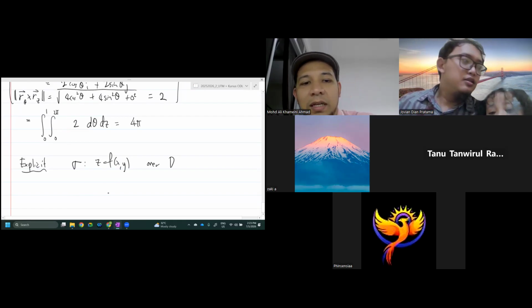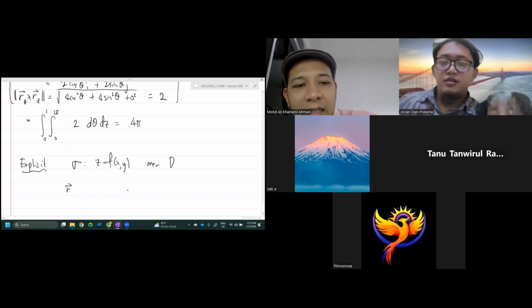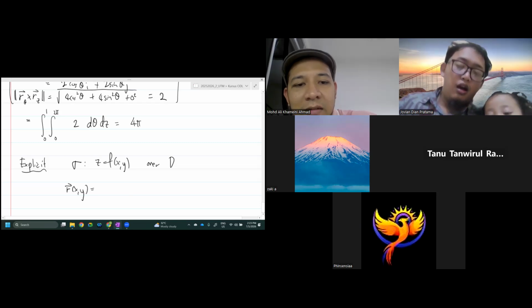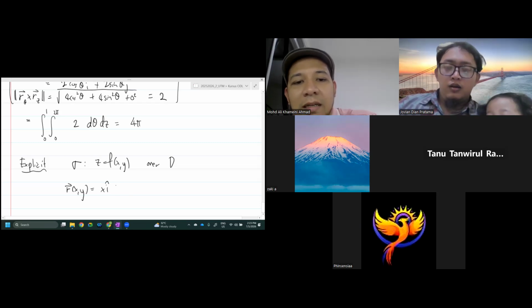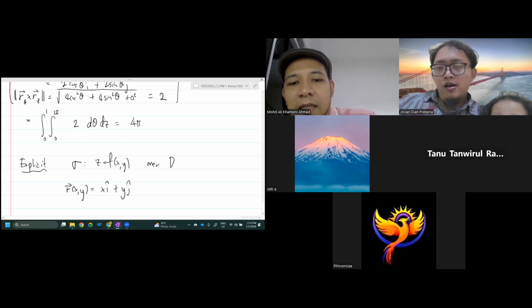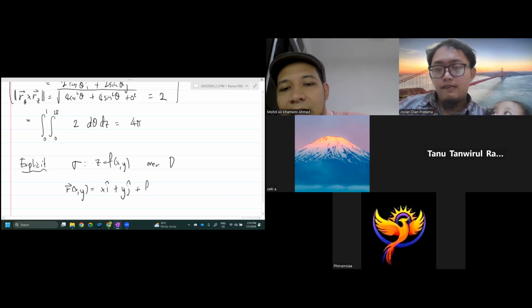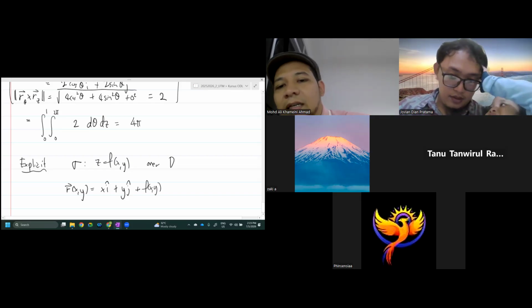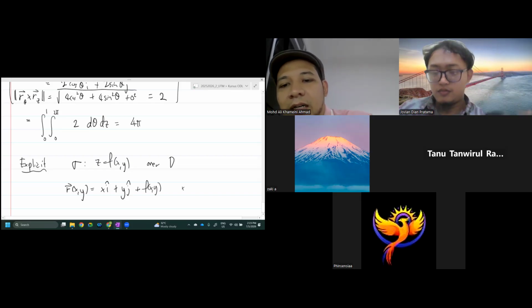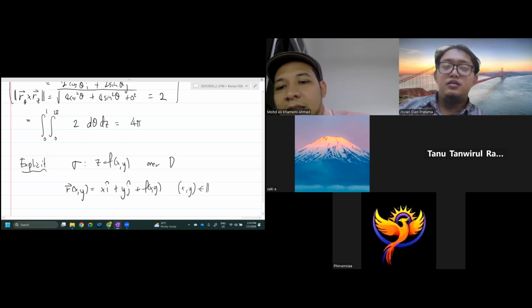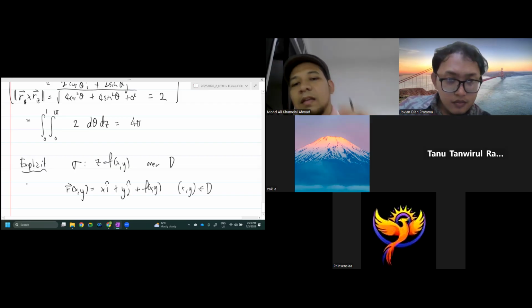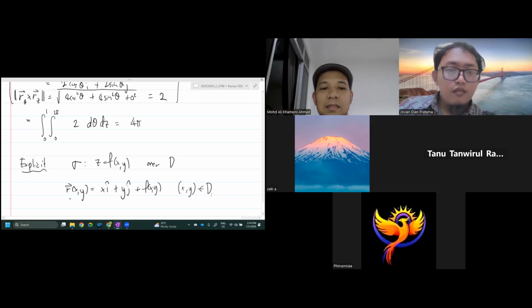So you can make it r(x,y) equal to xi plus yj, and then z here is equal to this function, plus f(x,y)k. Okay. Now (x,y) is from D. Okay, from D. So therefore we can derive the formula for this case.